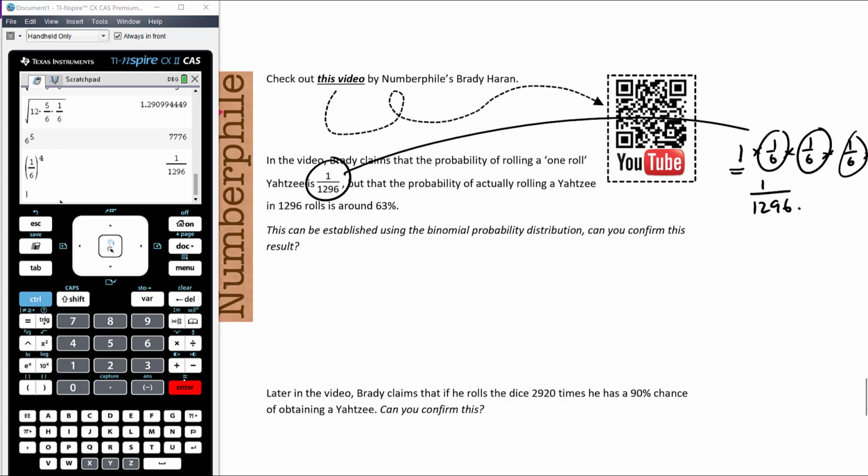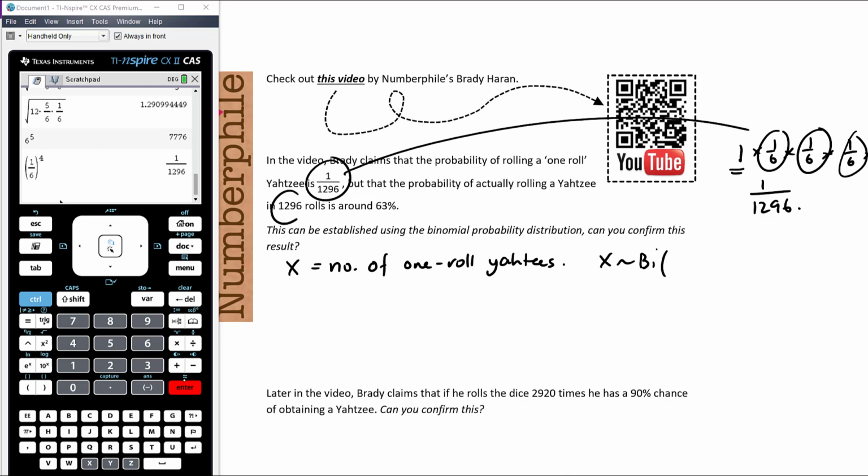Okay, so if we say x is the number of one-roll Yahtzees, we're saying x is a binomial distribution.